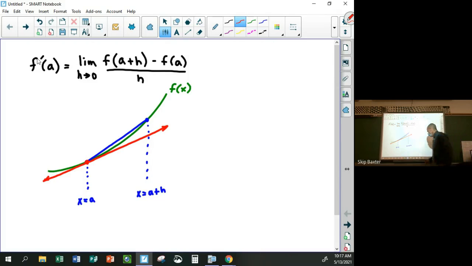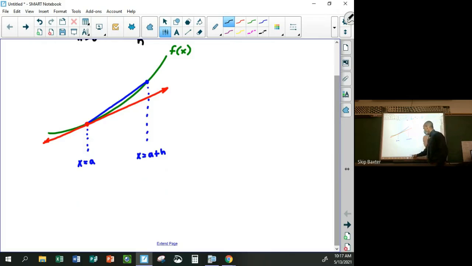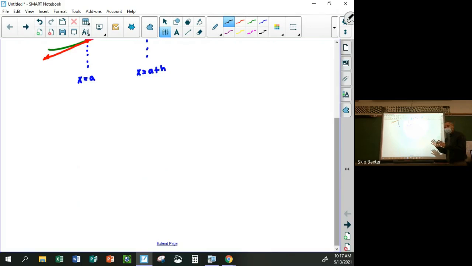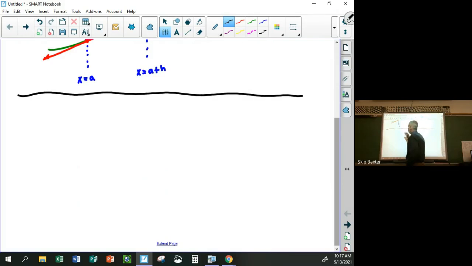Today, we're going to talk about looking at a graph and identifying special points on a graph. In particular, it's horizontal and vertical tangent lines.